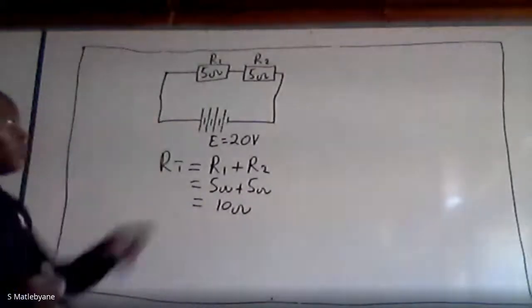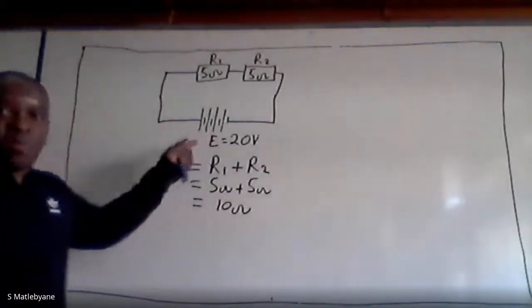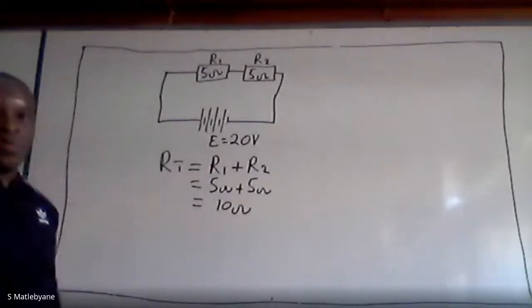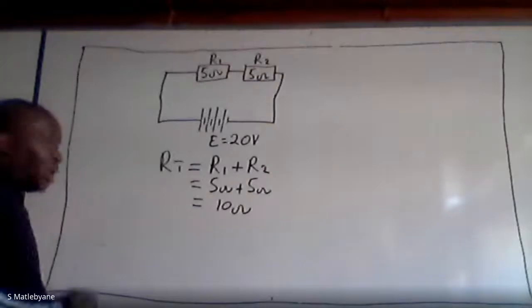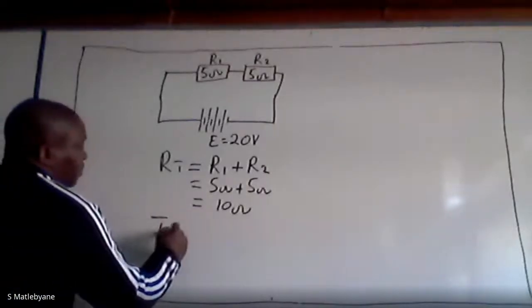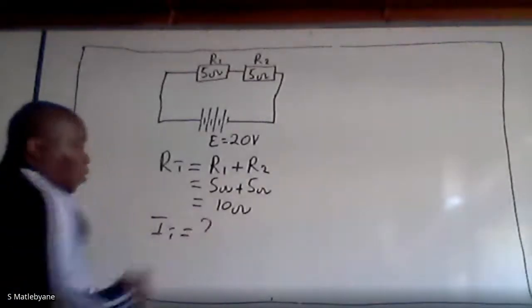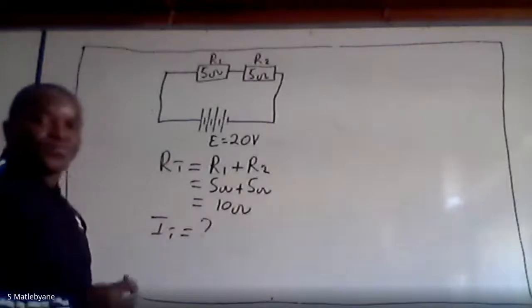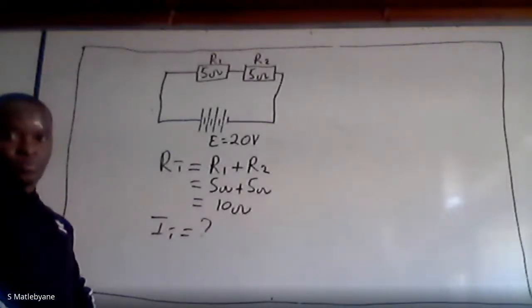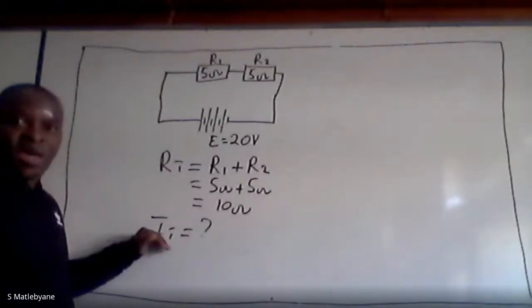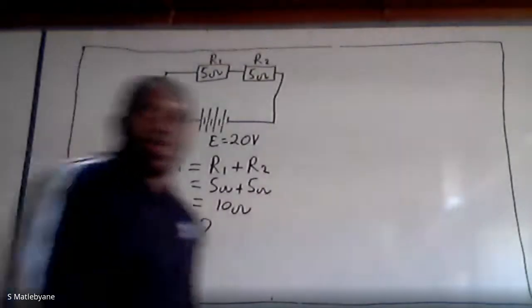Then the next one, you are given the voltage. Remember, we said capital letter E is for the voltage. Now the next one will be: calculate IT. What is IT for? Total current. Thank you.